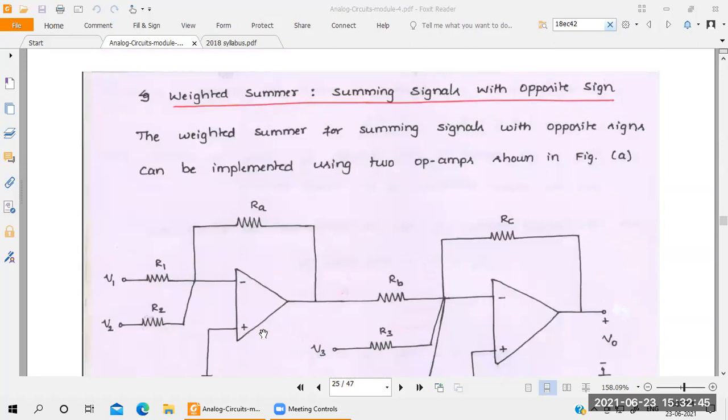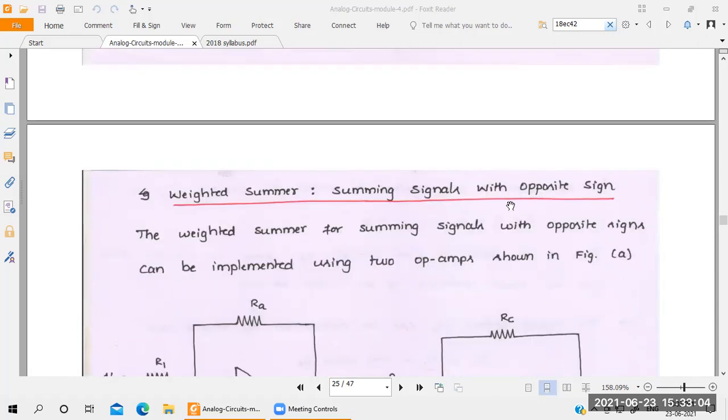Here you make a 180-degree phase shift, and here again a 180-degree phase shift. In total you get 360. By using two inverting op amps, you are making a non-inverting output. Inverting plus inverting, so what do you get? Non-inverting. Negative into negative gives positive. That's why they are called weighted sums with opposite sign.